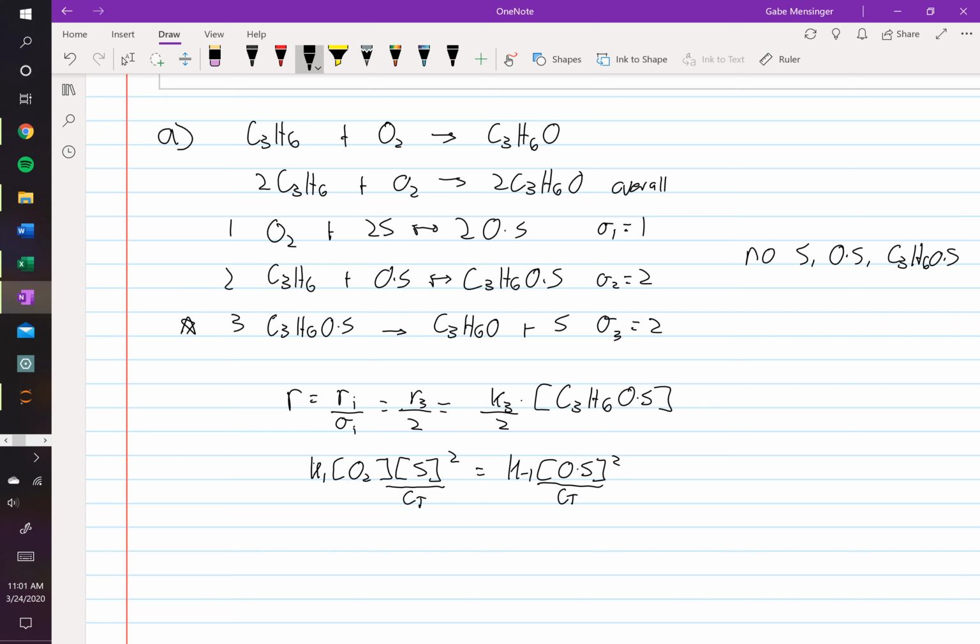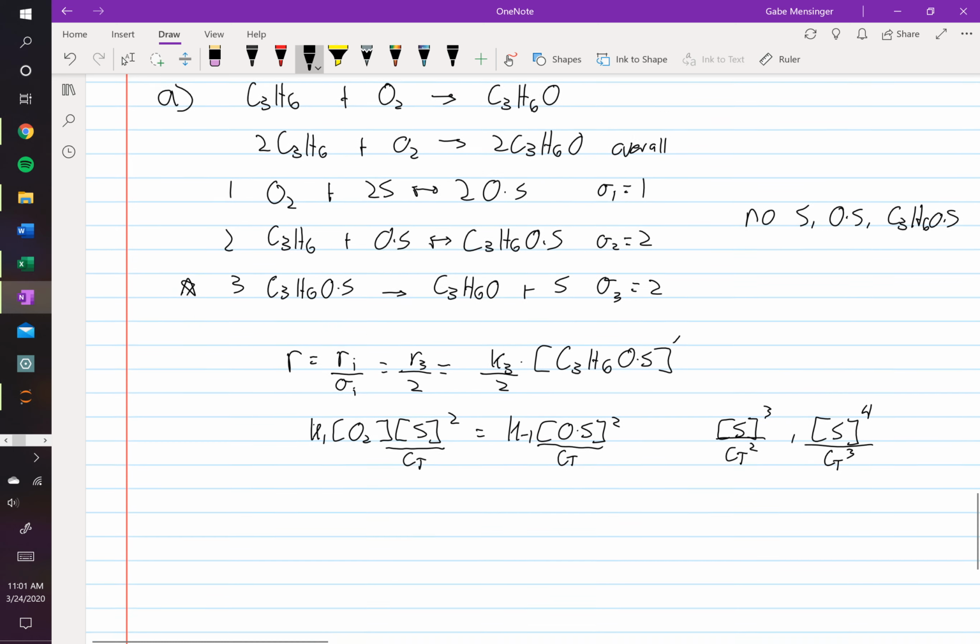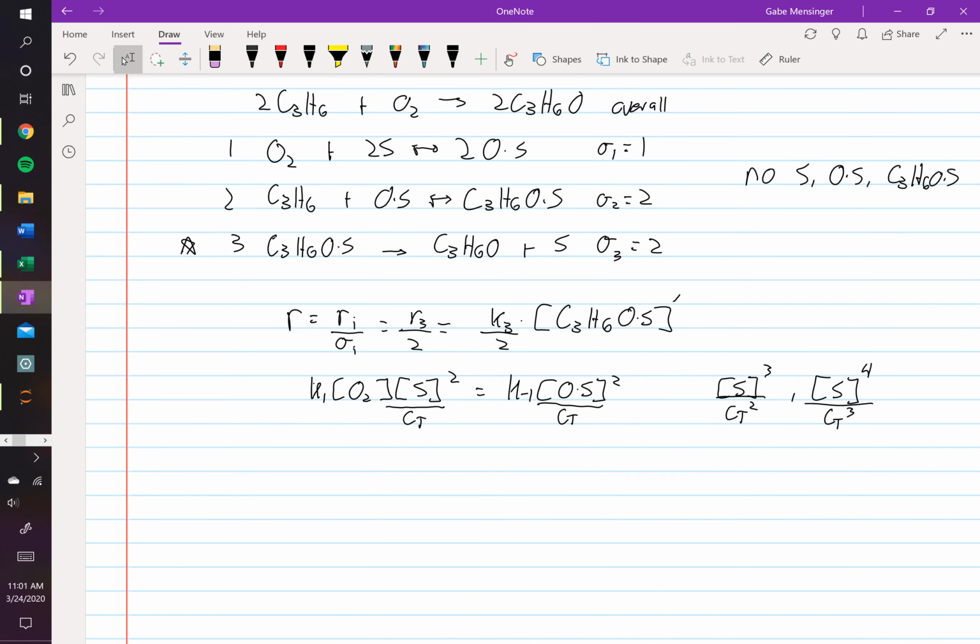If we have a surface species cubed, we have to divide by CT squared. If we have any surface species to the power of 4, we have to divide by CT cubed. In this case, for the overall rate, it was just to the power of 1, so we didn't need that at all. But in this case, our CTs will cancel.